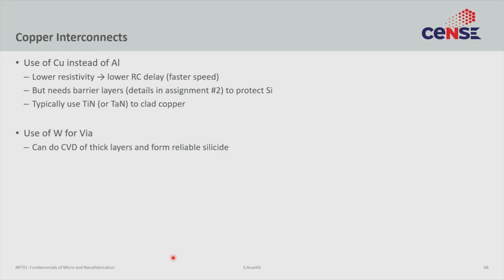However, aluminum suffers from electromigration, and as devices kept becoming smaller and smaller, even aluminum's resistivity reached its limit, and the device speed was decided by the delay in the metal line. So, the only way forward was to decrease the resistivity, which meant a movement from aluminum to copper, which has a very high conductivity. Now, one of the challenges with copper is that it is a very potent defect in silicon.